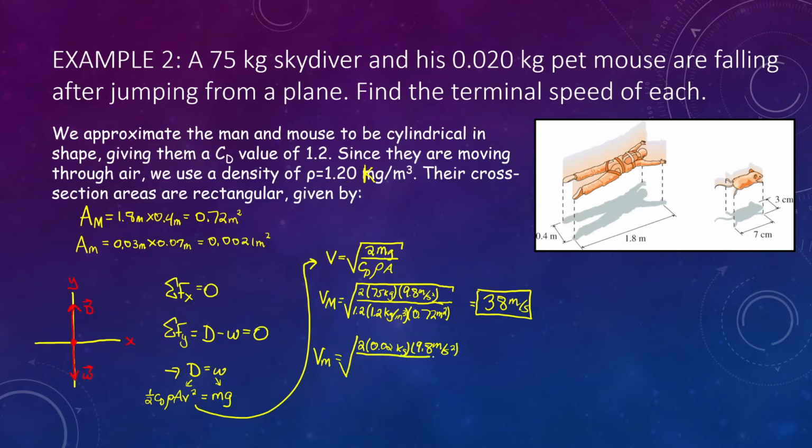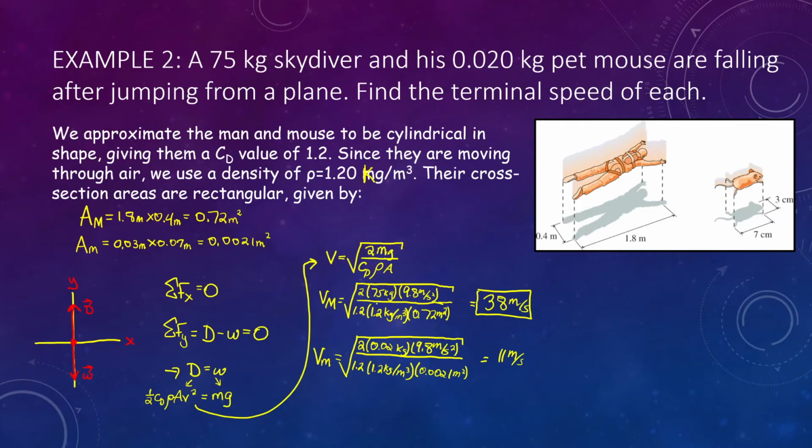All of this divided by the 1.2 drag coefficient, the 1.2 density, kilograms per meter cubed, and the area of the mouse, which was 0.0021 meters squared. This should get you an answer of about 11 meters per second.